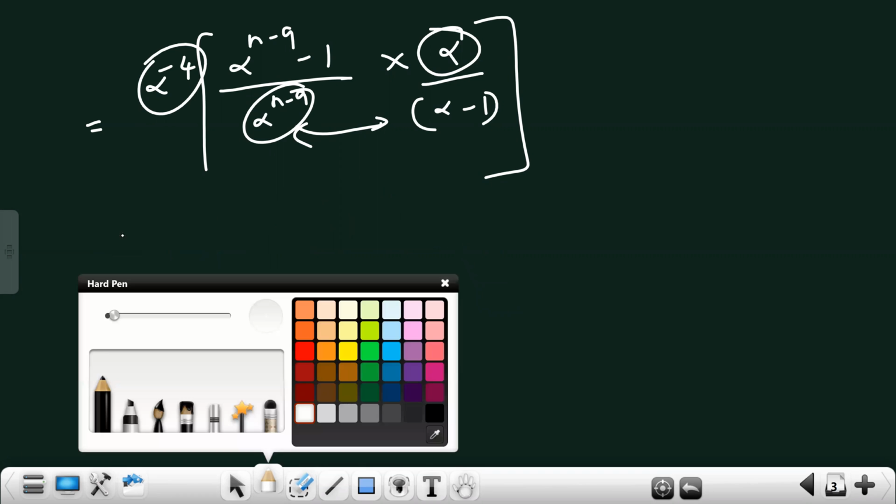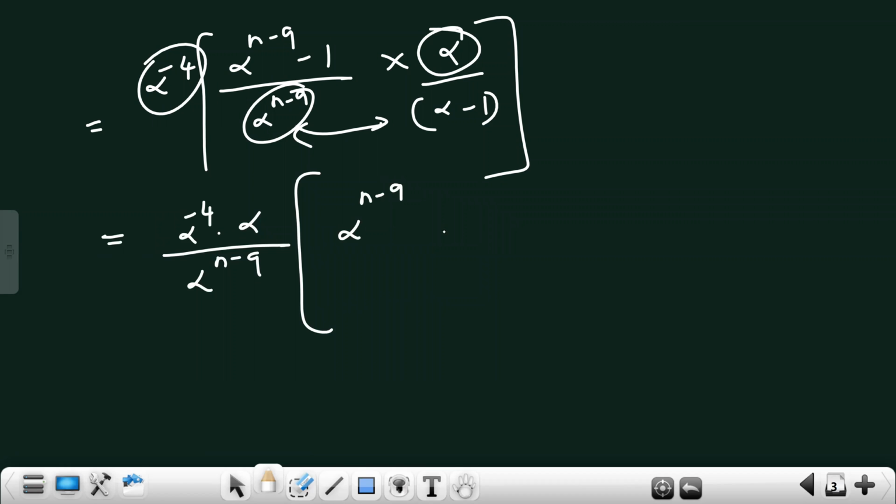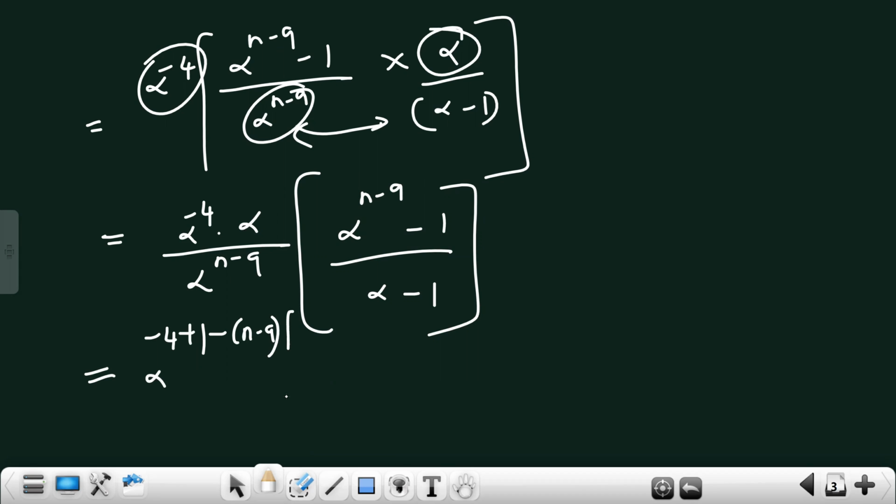Your answer will be equal to alpha to the power minus 4 into alpha divided by alpha to the power n minus 9. So that you can take common. Okay, the remaining thing let it be like this only. Then you can add the exponents: minus 4 plus 1 minus of n minus 9, isn't it? Combine the exponents. Division means we'll put a minus.